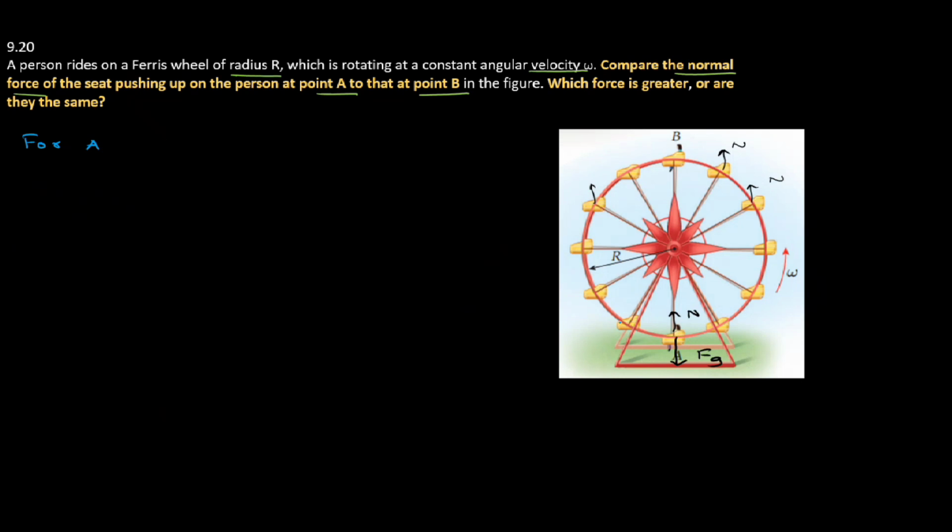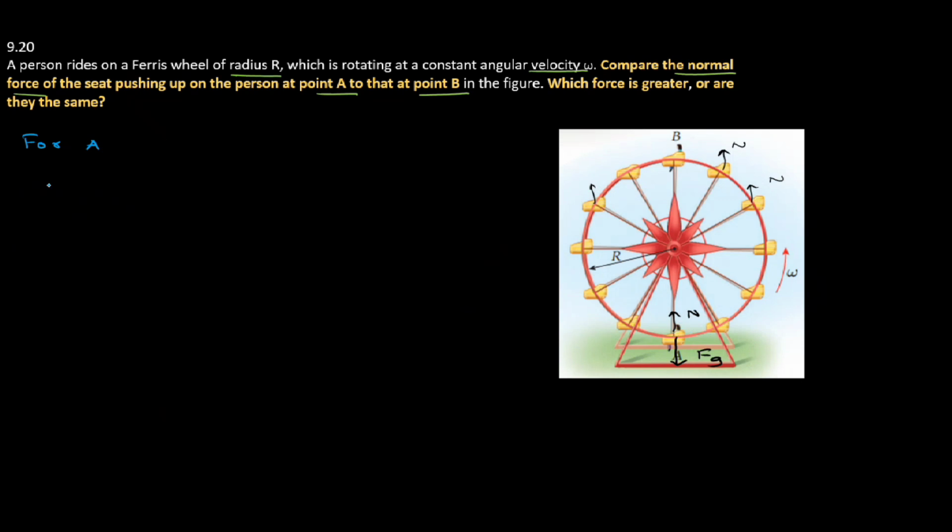The normal force here is used to overcome the force due to gravity as well as provide the required centripetal force to maintain the circular path. Centripetal force is acting towards the center of the circle, so it is in the same direction as the normal force.